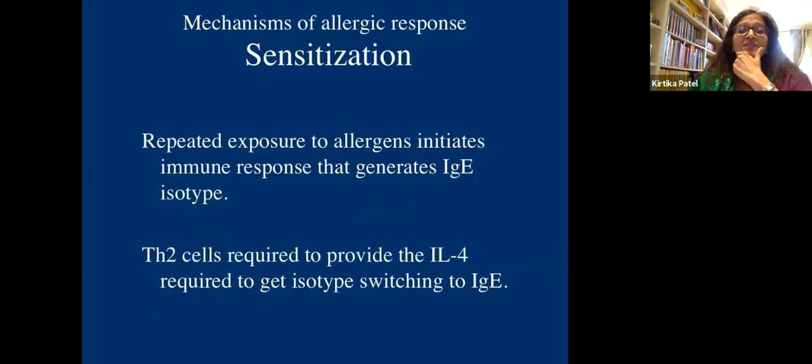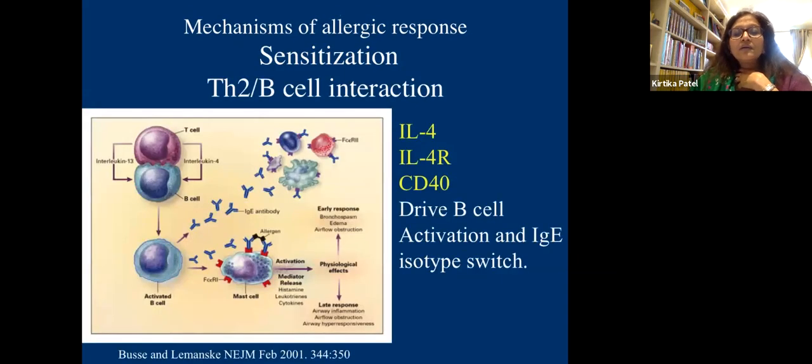And so the first time you're exposed to an allergen, you don't see a reaction, but on repeated exposure, because by then the mast cells would have been primed, they would have the antibody sitting on their surface, and then they'll cause the degranulation. I have a better one. This is the one.